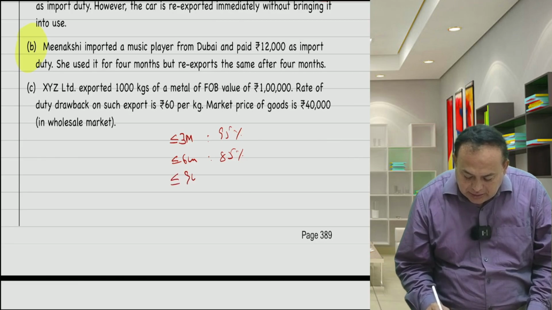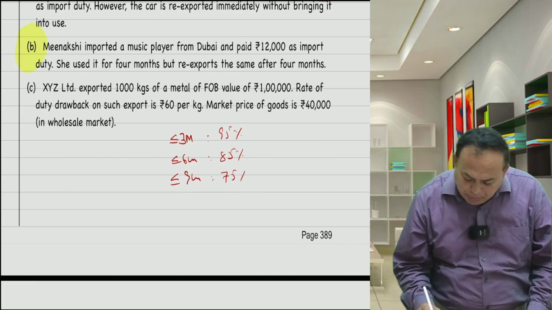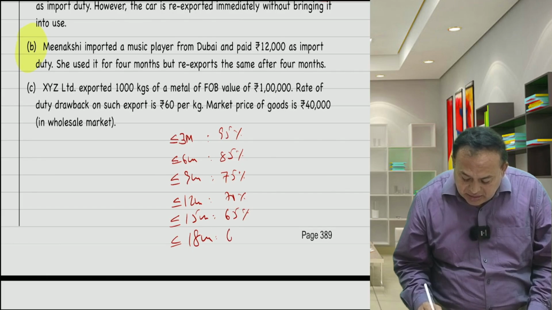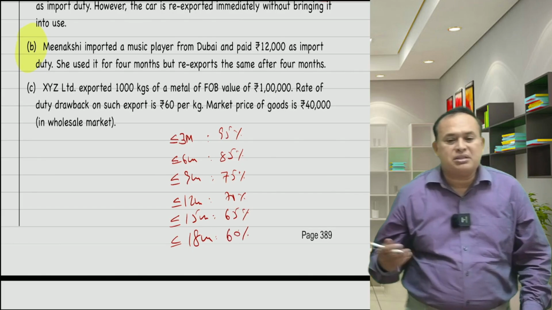Within 9 months, 75. Like that you can prepare in the exam also. Within 12 months, 70. Within 15 months, 65. Within 18 months, it is 60. Beyond 18 months, not allowed.